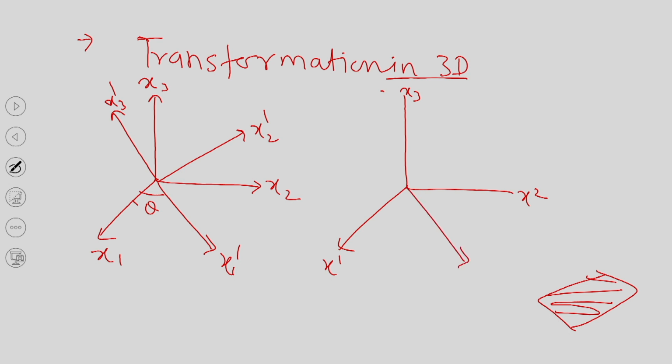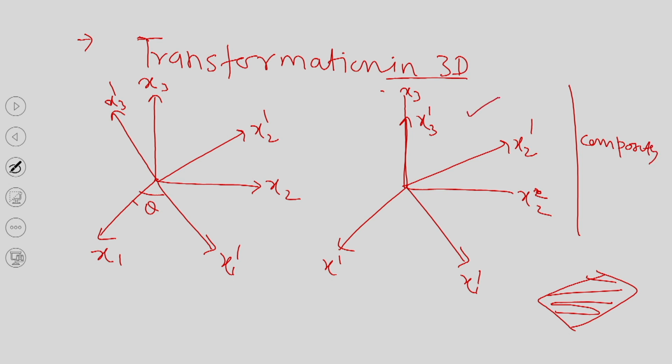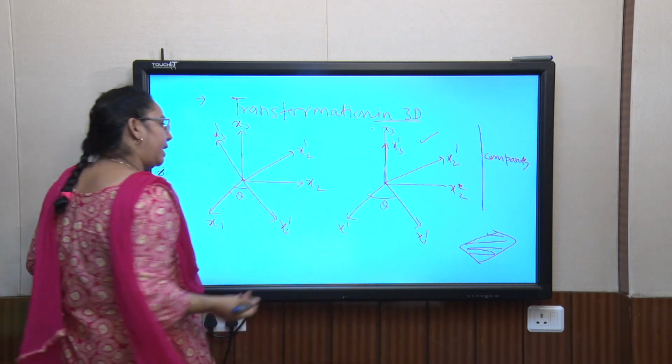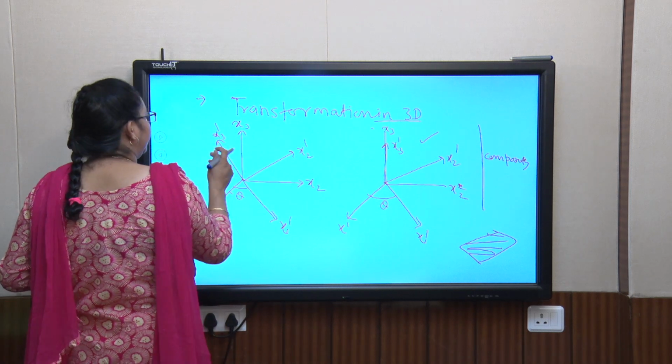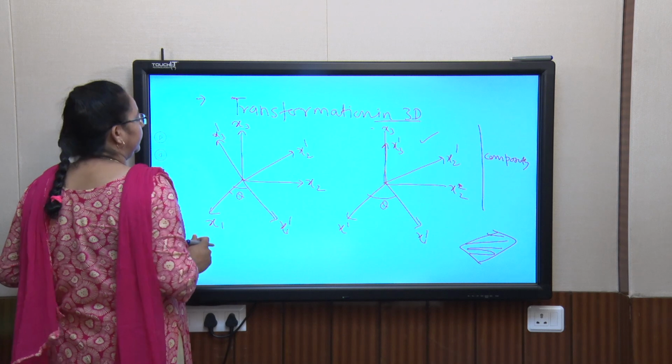So, our equation becomes x1 dash, x2 dash, and x3 dash is the same. So, mostly for composites we use this kind of information, that the z axis is coinciding and in the plane the x1 dash is making an angle theta with the x axis or y axis, whatever you want to say. But in general sense it may also have a complete rotation about the z also.